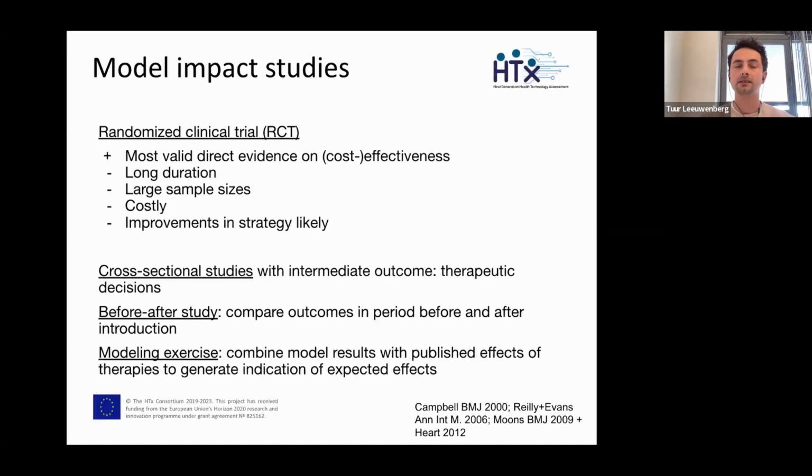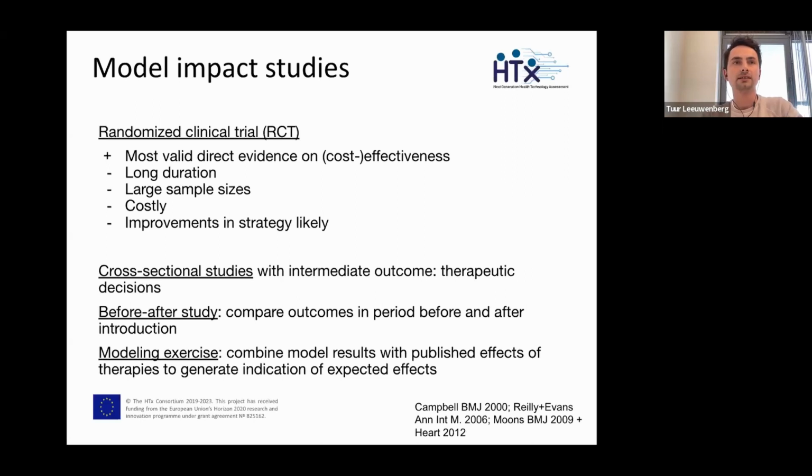There are different designs to do this. The classic design, and if possible a very good design, is the randomized clinical trial, where you directly evaluate how well using the model compares to not using the model. So you directly try to estimate what you want to know.